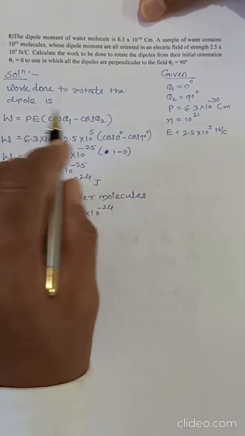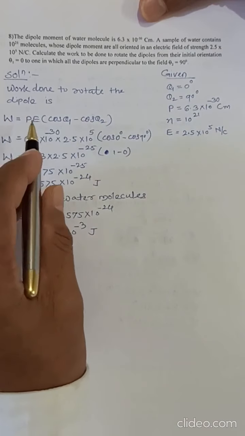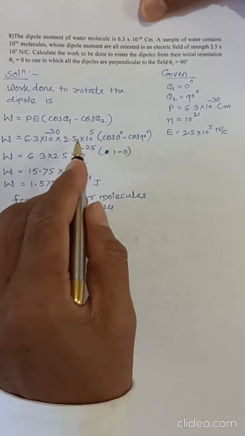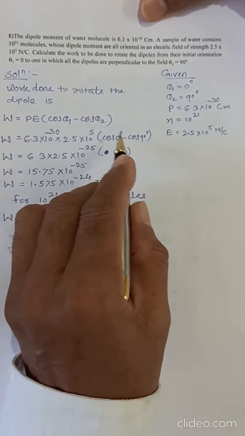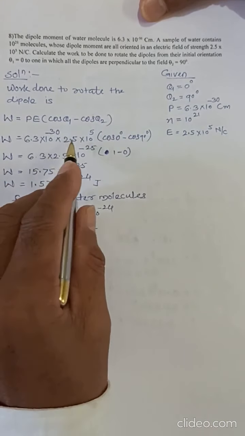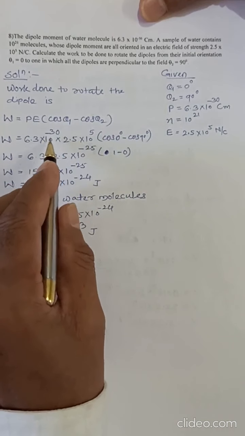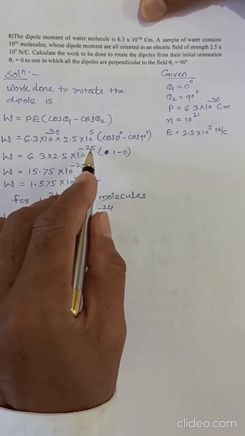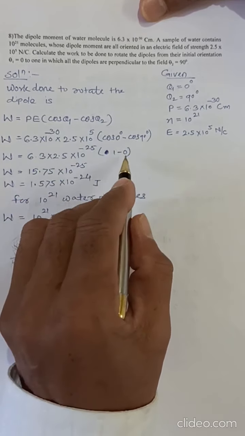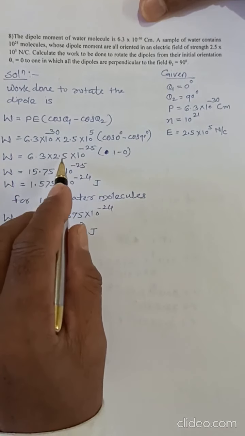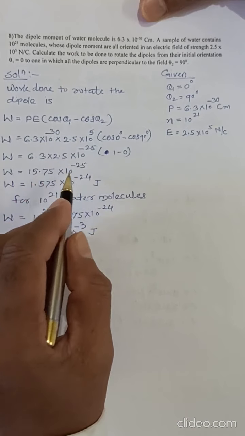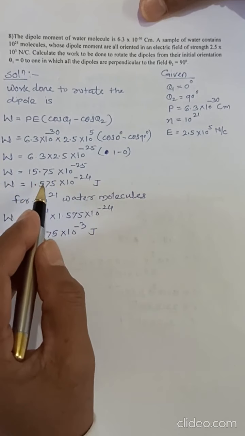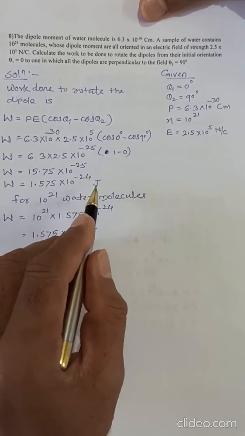So put the values of theta 1 and theta 2, P and E, we get W is equal to 6.3 into 10 raised to minus 30, E 2.5 into 10 raised to 5, cos 0 degree minus cos of 90 degree. 6.3 times 2.5, 10 raised to minus 30 plus 5 means 10 raised to minus 25, cos 0 is 1 minus cos 90 is 0. So if we solve this, we get W is equal to 15.75 into 10 raised to minus 25 into 1, or W is equal to 1.575 into 10 raised to minus 24 joule.